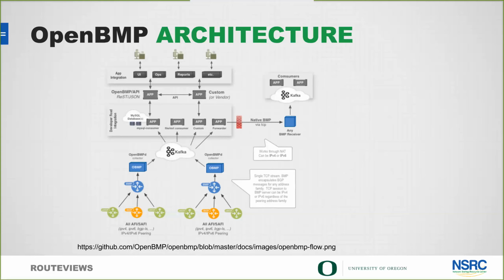OpenBMP's GitHub page. As you can see down at the bottom, we have our eBGP peers. That would be what we are receiving at a given exchange or from one of our multi-hop collectors from those peers. Those go to a BMP-enabled collector on our side. Then that BGP data is encapsulated in BMP and sent to our OpenBMP service.